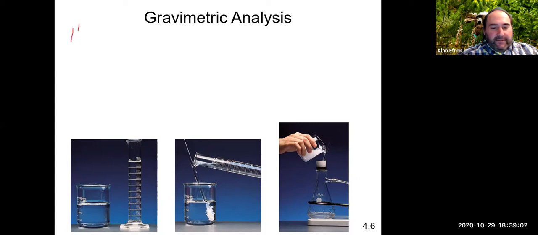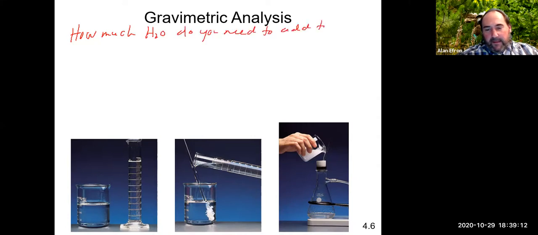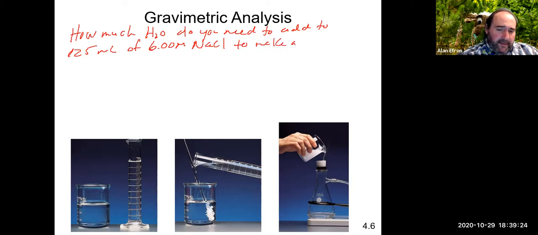Let's say we want to know how much water you need to add to 125 milliliters of a 6 molar sodium chloride solution to make a 1.25 molar sodium chloride solution. All right, so figure that out real quick.